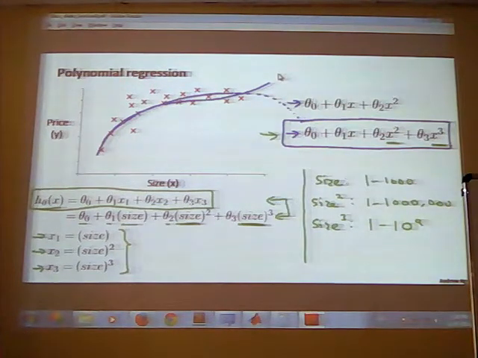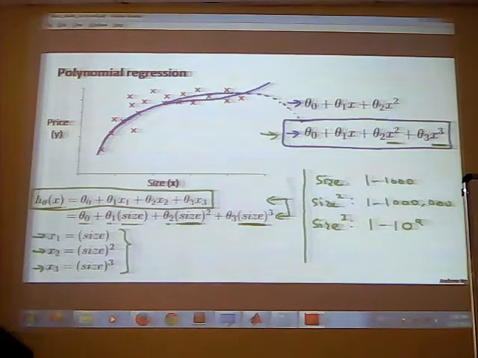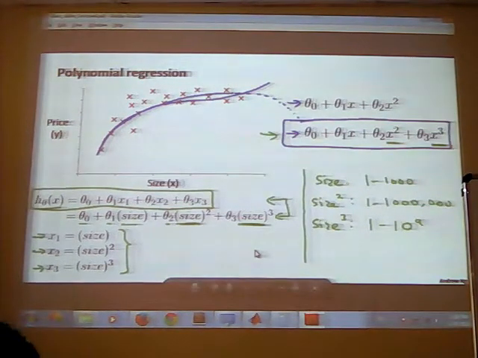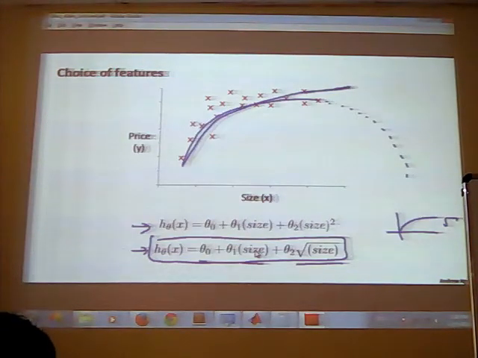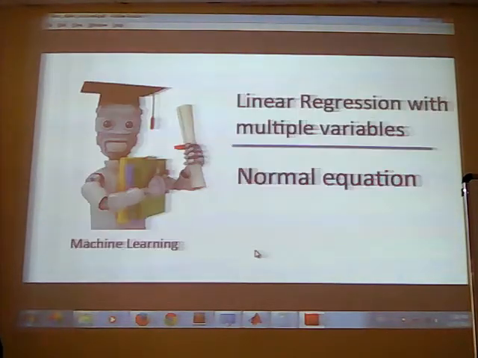As you can see, this model is fitting much better than the quadratic and the linear one. So the choice of features depends on you, what kind of model or hypothesis you choose to fit the data set. It may be linear, quadratic.